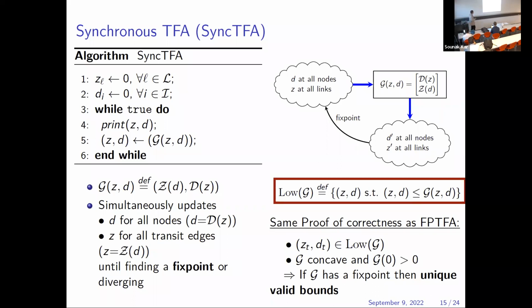So we have a DZ vector, and then we apply the J function, and we obtain a D prime and Z prime vector. And then we solve the fixed point solution. And as with FPTFA, as the J function is concave and J of 0 is strictly positive, if we have a fixed point to this solution, then this is a unique valid delay bound.